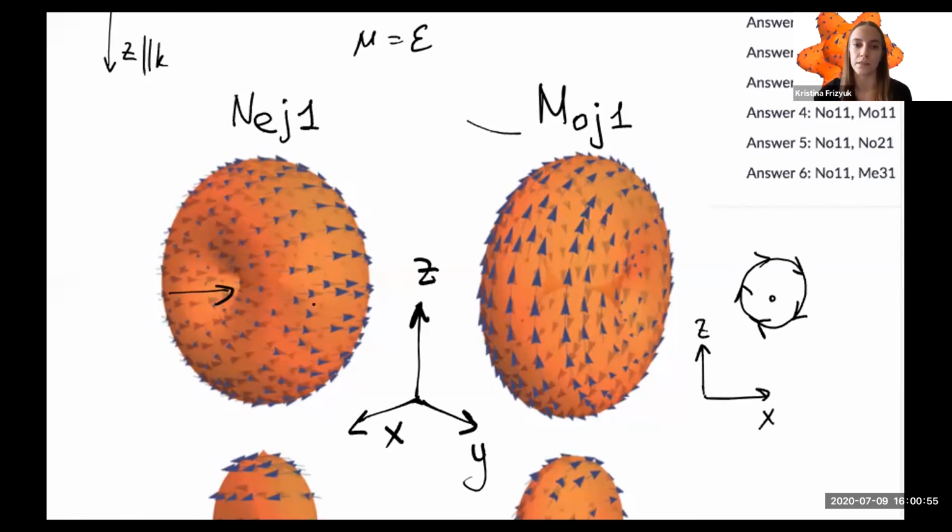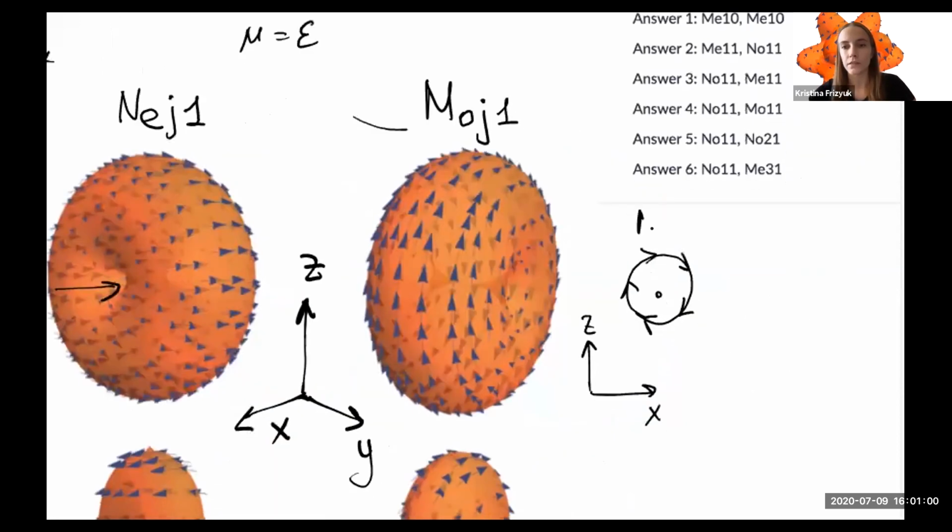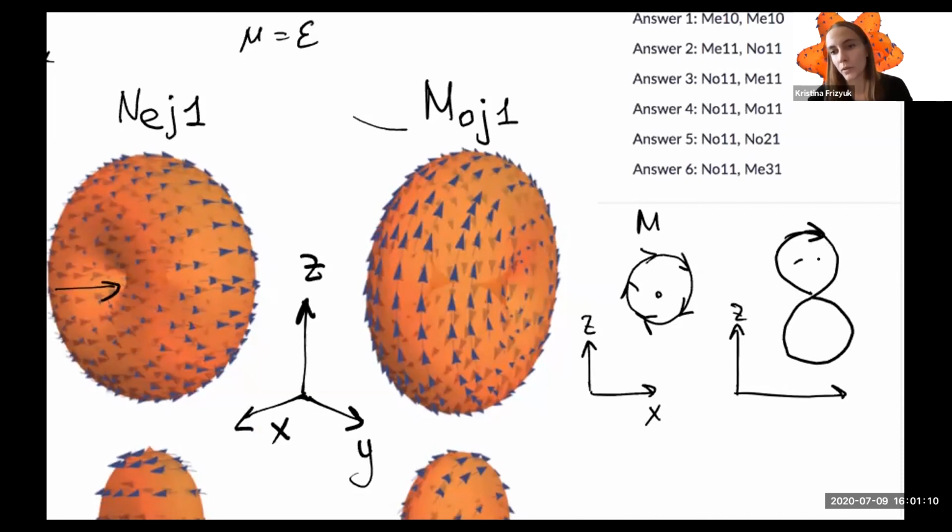And in the similar plane, if you draw this cross section, this is M, you have something like an 8, and the arrows will go like this. And this is very important because let us look at the upper point and the bottom point. So here and here and here and here. And it is the similar plane.